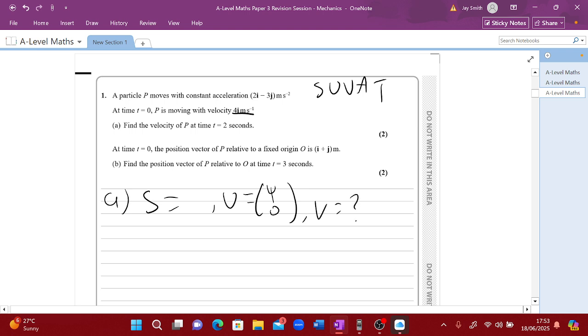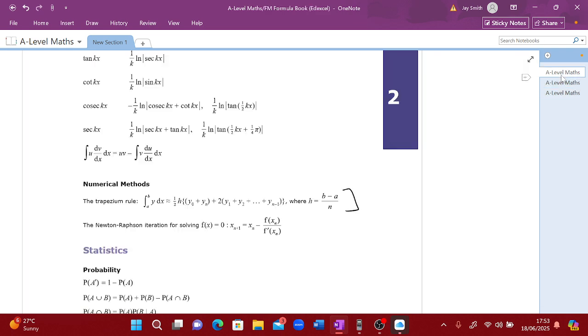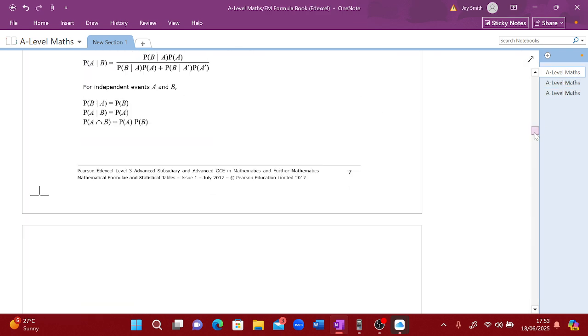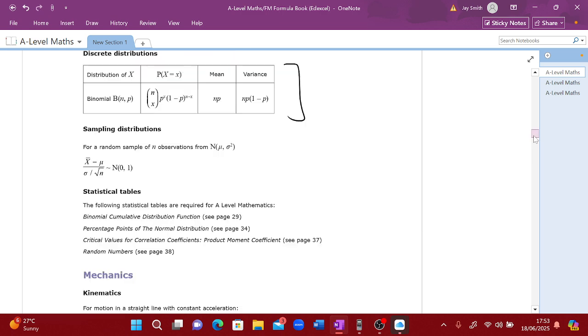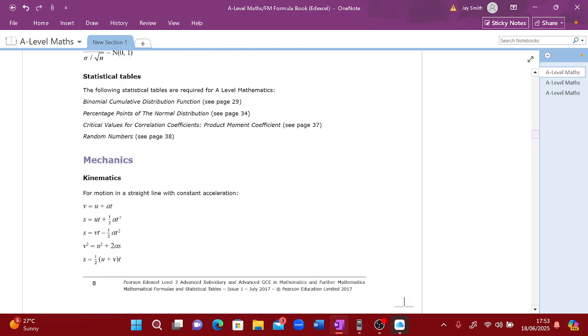V, we're trying to work out. A is 2i minus 3j, that's in column form, and t is 2. So actually we've got all the ingredients to work out v. So we need an equation from SUVAT that does not have s in it. And actually it's this one here, v equals u plus at.